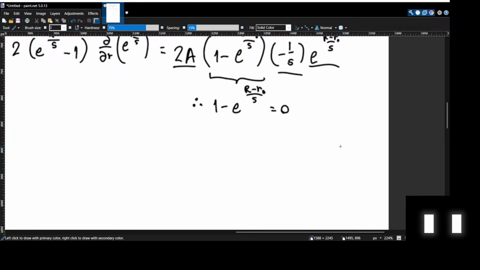Okay, which of course, if I bring it to the other side, we're going to have 1 equals e to the R minus R naught divided by S, and we can take the natural log of both sides. The natural log of 1 is 0. The natural log of the right-hand side is going to be the thing in the exponent.